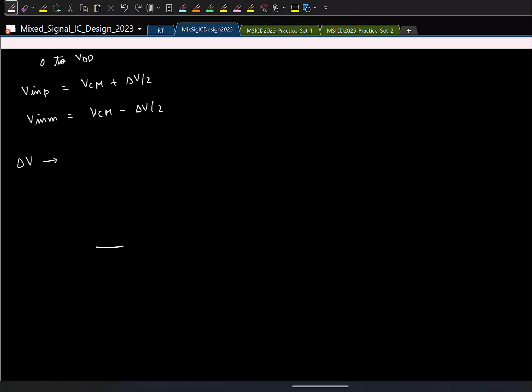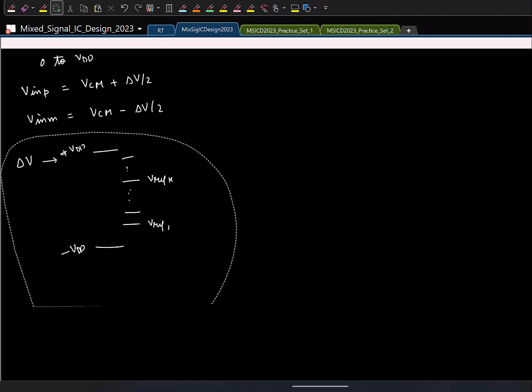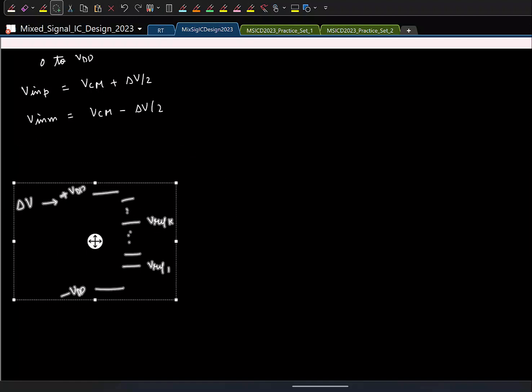So let's say this is the range. I'll have to basically divide this range minus VDD to plus VDD into so many reference levels I want. So let us say these are the reference levels. This is, let us say, VREF1. This is some kth reference and so on. And being a fully differential circuit, even the reference voltages we have to supply in a differential fashion.